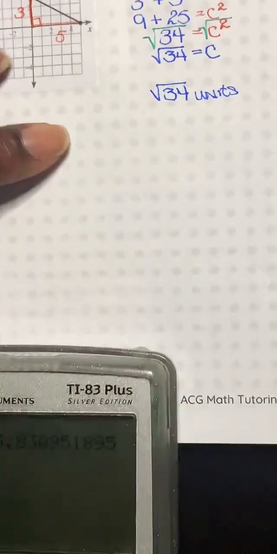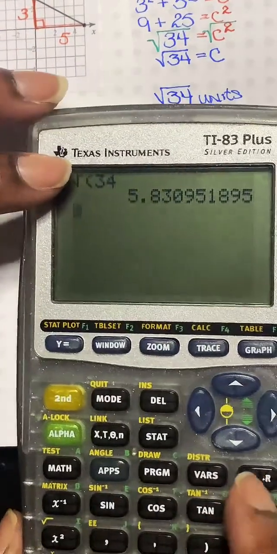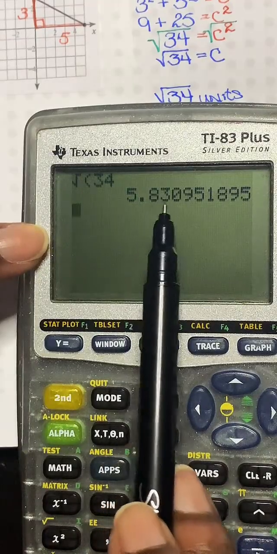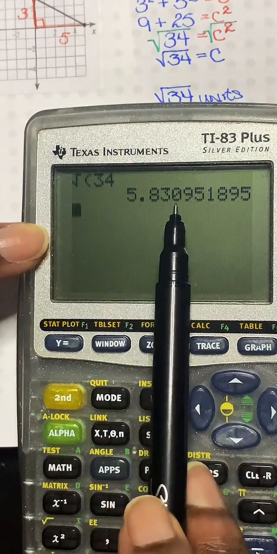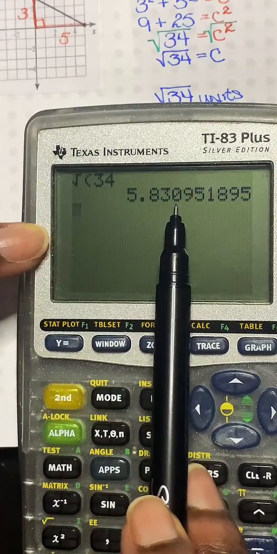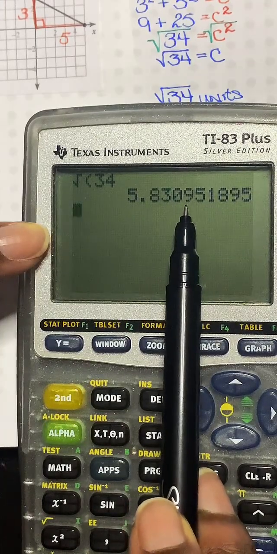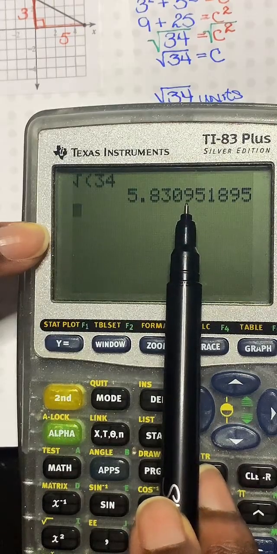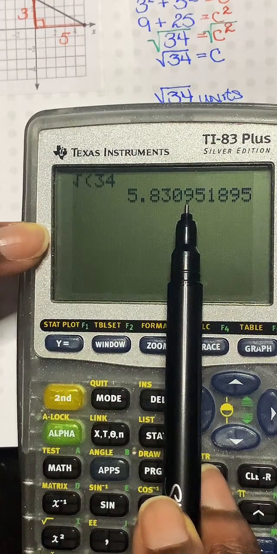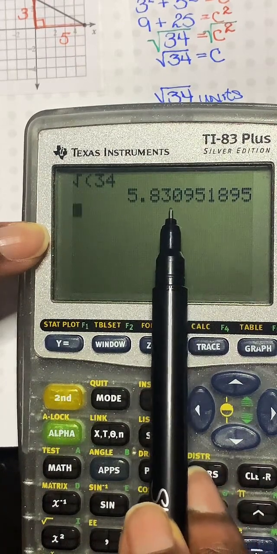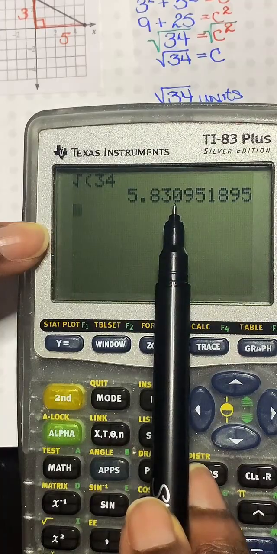All right, so 3 digits when we talked about the thousandth. Remember, this is your tenths, this is your hundredths, this is your thousandth, where that 0 is. In order for you to round, you need to look at the ten-thousandths, which is that 9. If it's 5 or more, that means 5, 6, 7, 8, 9, then you're adding 1 to that previous spot.